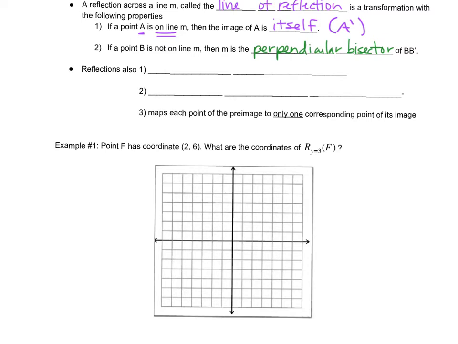They're congruent figures, essentially. But the way that we said it is reflections will also preserve distance. And what was the other thing they preserved? Do you remember? Angle measure. They do preserve size and shape, but because of distance and angle measure.